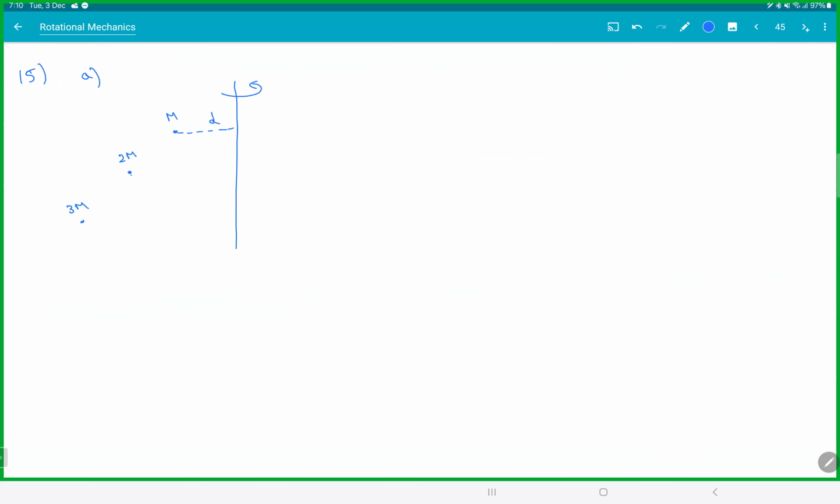This distance is d. This distance is 2d. This distance is 3d. Easy one. Same thing. You have m. This distance is d. This is 2m. This distance is 2d. This is 3m. This distance is 3d. Find the moment of inertia.